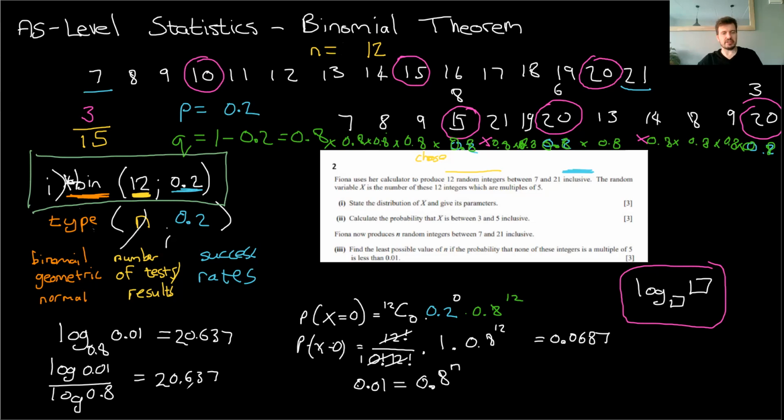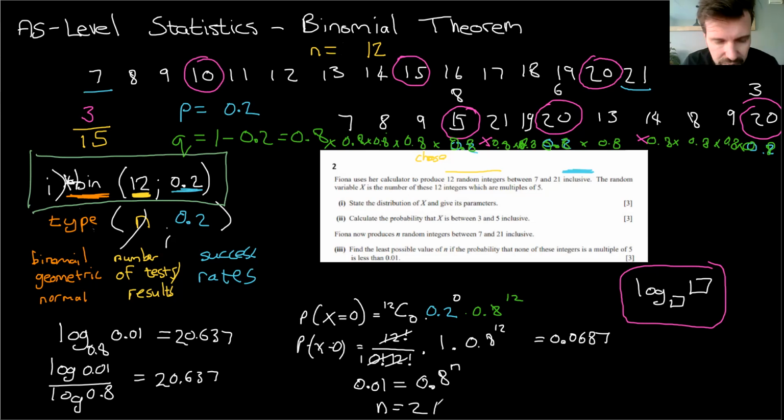Even if it had been 20.02, which is close to 20, we still have to round up. You're always going to round up because the rounding down takes the probability above 0.01. So our n is equal to 21.